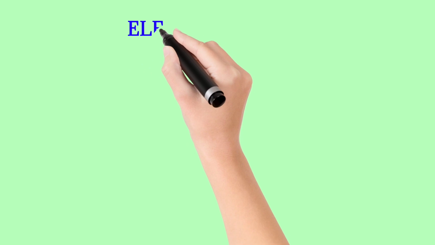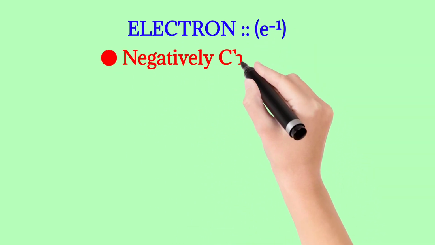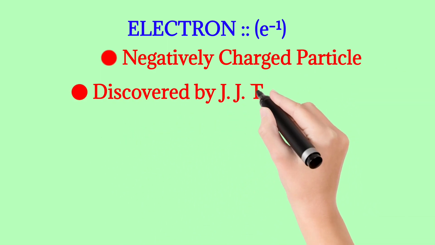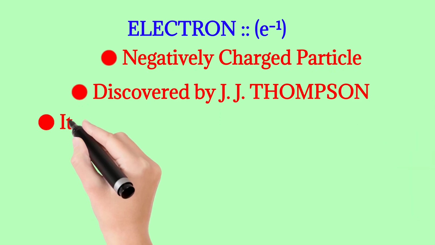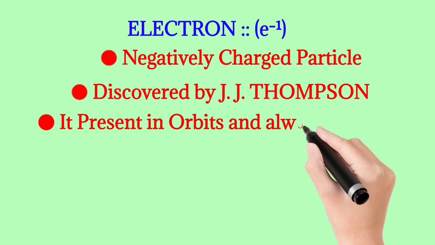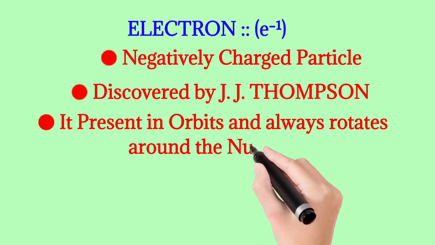First of all, we are going to learn about the electron, which is a negatively charged particle discovered by J.J. Thomson. It is present in orbit and always rotates around the nucleus.